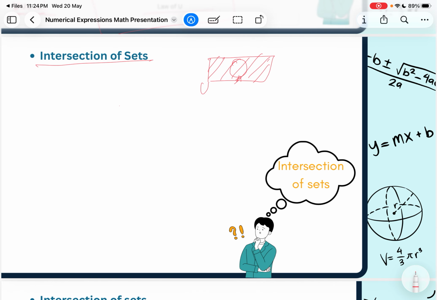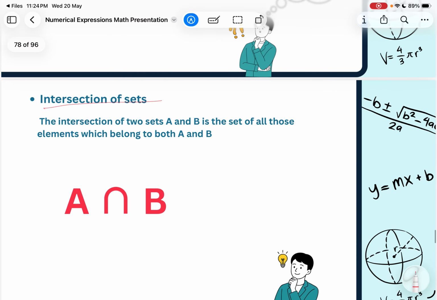Now intersection of sets. So what is the intersection of sets? If we have a set like this, and we have another one. The intersection of two sets A and B is the set of all those elements which belong to both A and B, all the common elements.